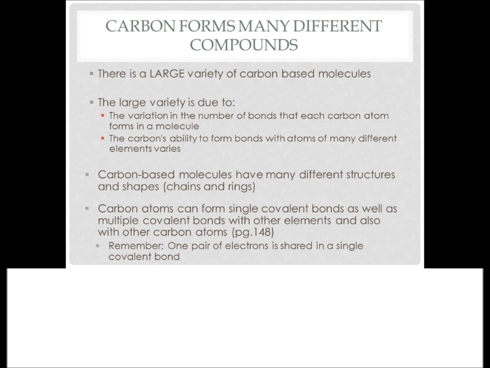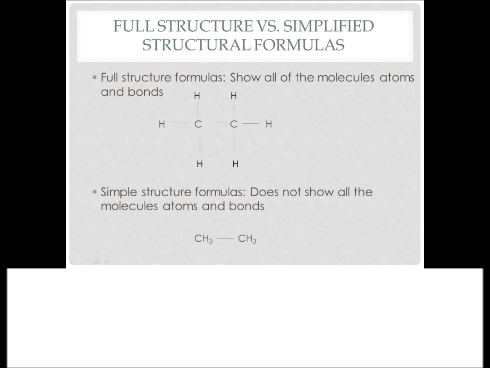If you look at the slide after this, you will see that we have full structure versus simplified structures of carbon. If you get on an exam to identify whether it's a full structure formula or a simplified structure formula, all you have to see and notice is that in a full structure formula, every single bond will be shown between the different atoms in the molecule.